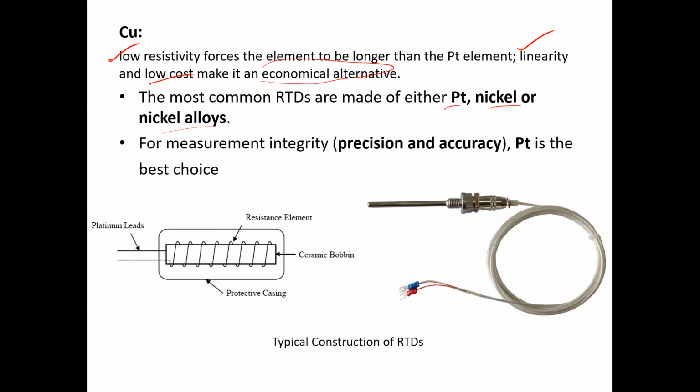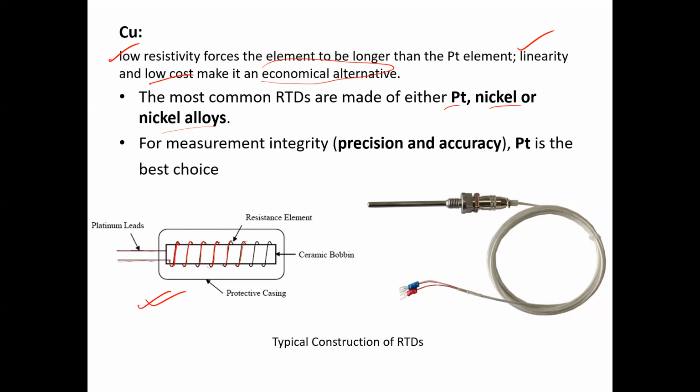A basic construction of an RTD can be represented in this figure, where the metal winding is done across a non-conductive ceramic frame and protected by an outer casing. There are two connecting leads available to connect it with an outer circuit, for example a Wheatstone bridge, to measure the value of the resistance.